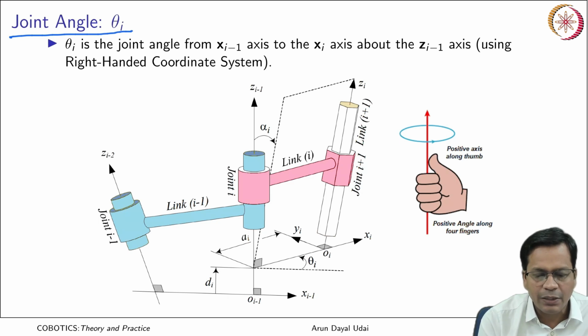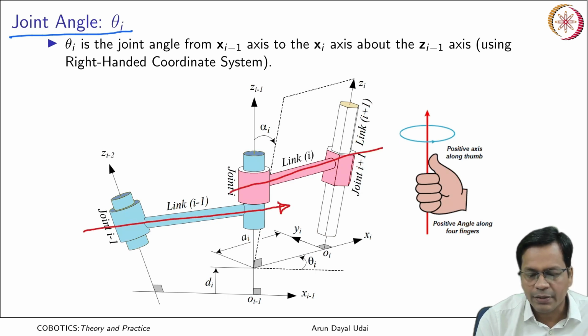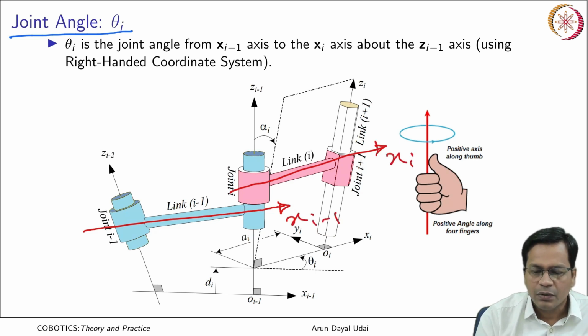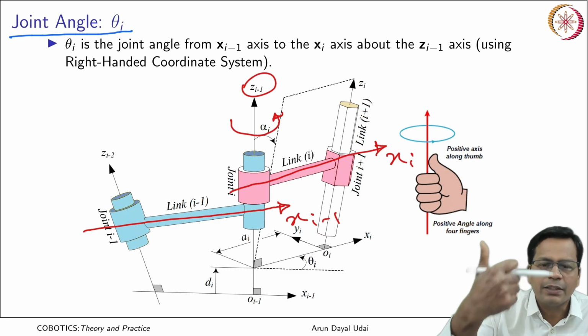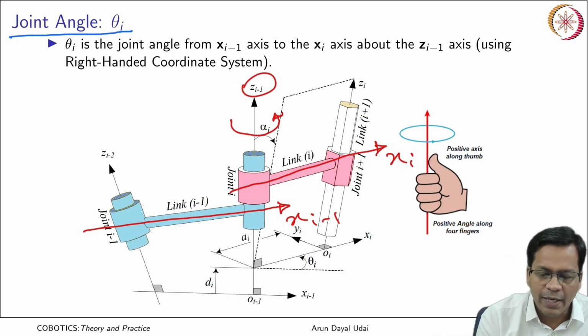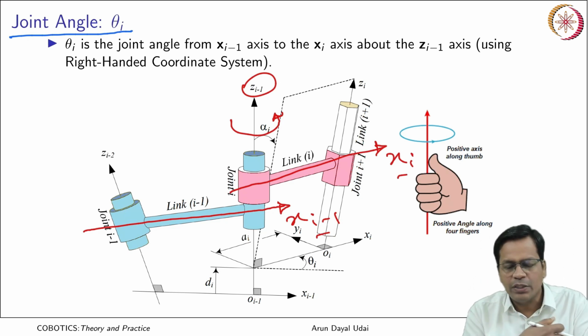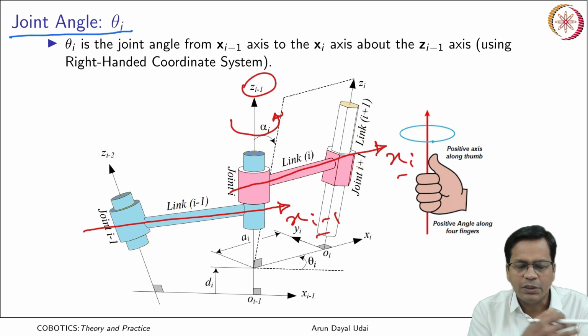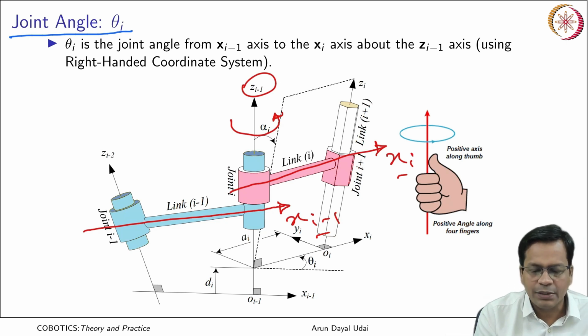Theta i is the joint angle from xi minus 1 to xi about zi minus 1. This is the angle, and it should be as per the right hand thumb rule. It is the angle between xi minus 1 and xi, measured in a plane perpendicular to the axis zi minus 1.